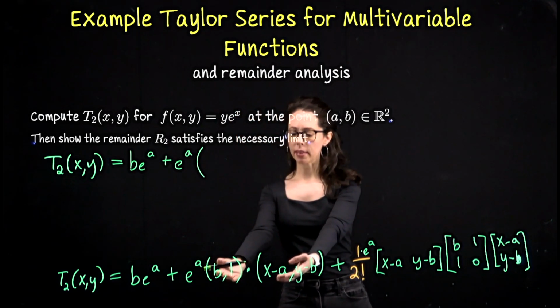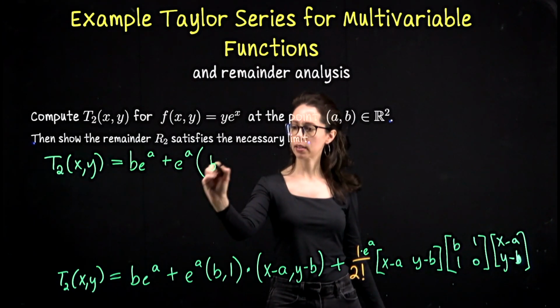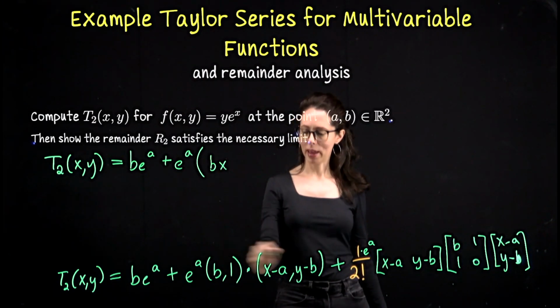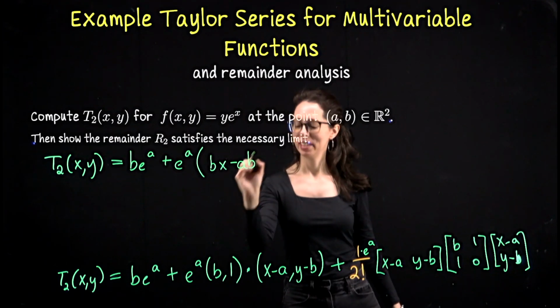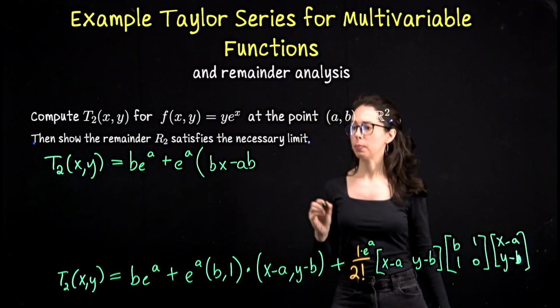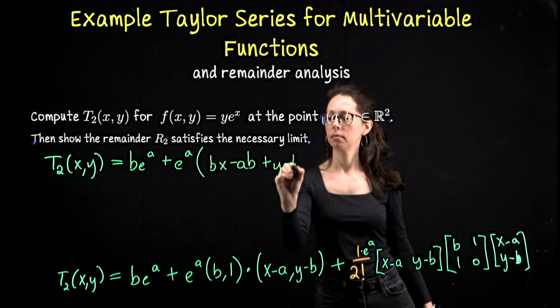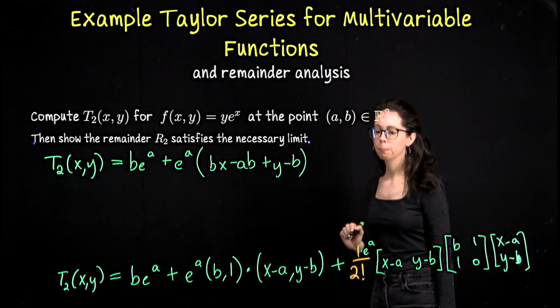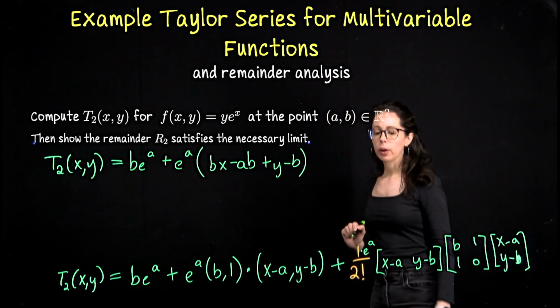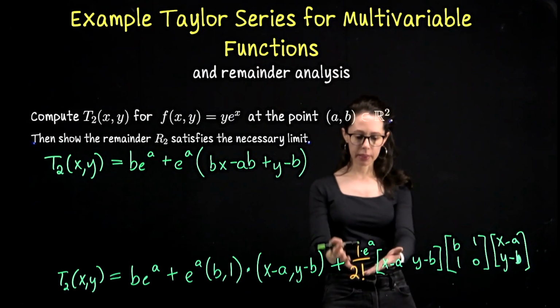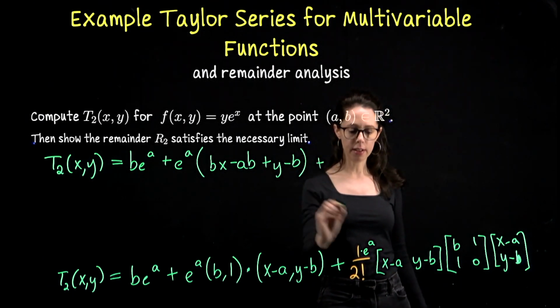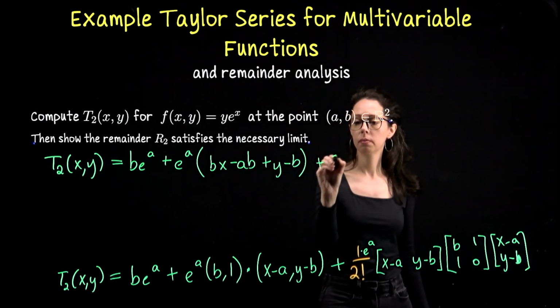I'll go ahead and expand this. So how about b(x minus a), there we go, plus (y minus b), like so. Now, here's what I want to do carefully. Let me leave this scalar out front. So we have e to the a over 2.